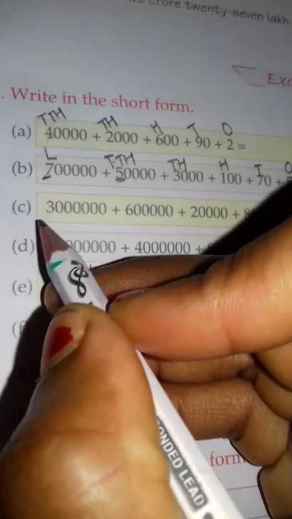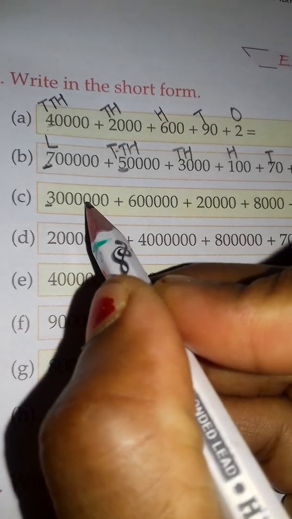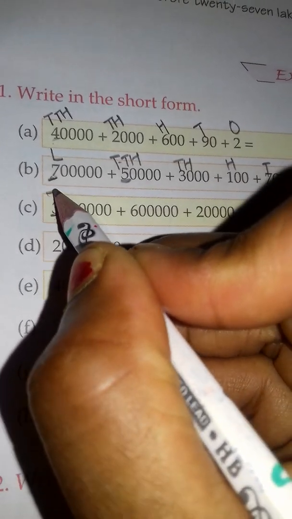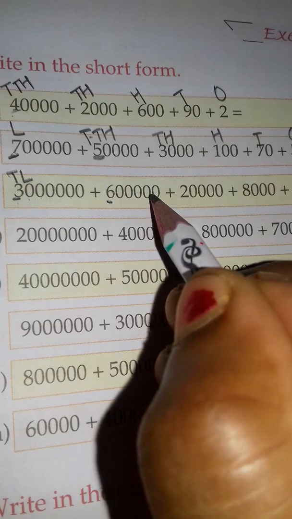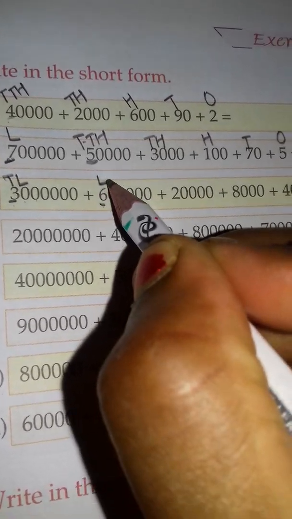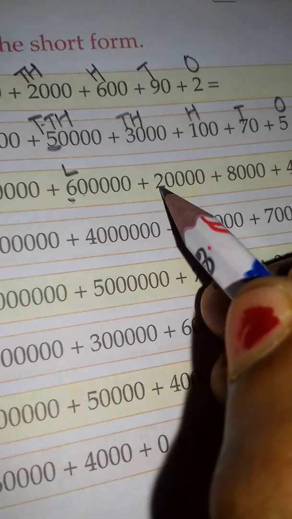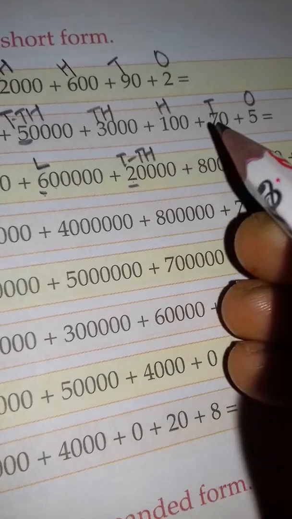Now C1. Let us see the place value of 6, 3. 3 is at 10 lakh. Then 6 is at lakh. Then 2 is at 10,000.